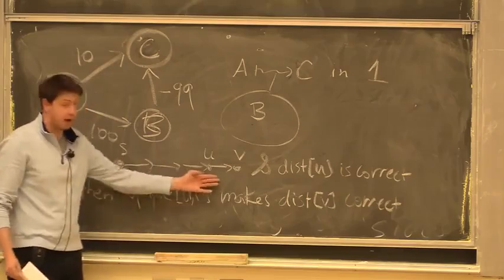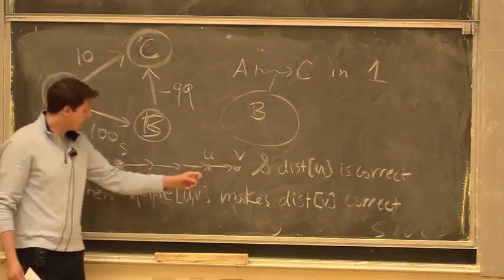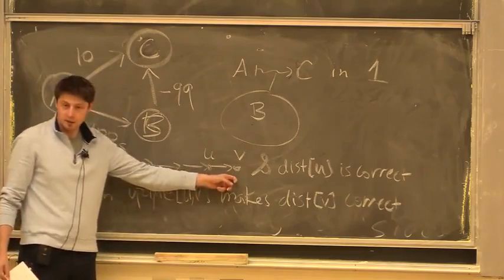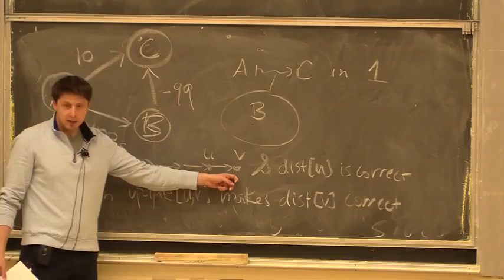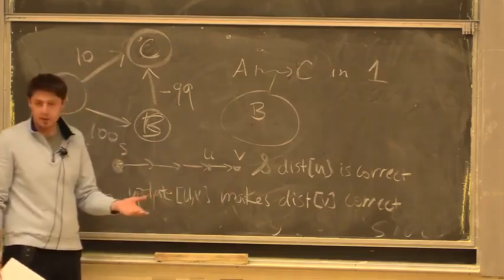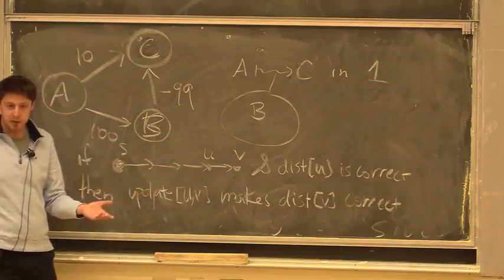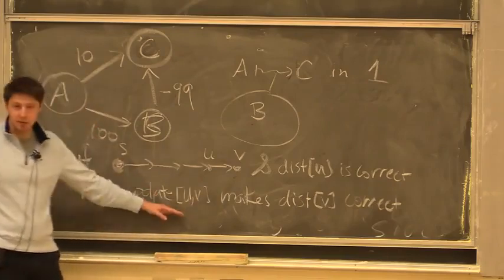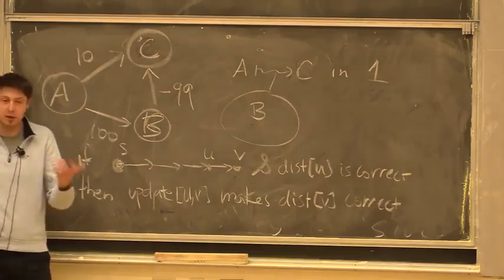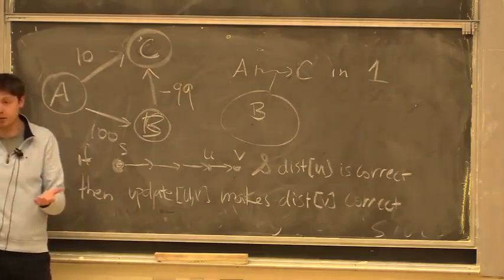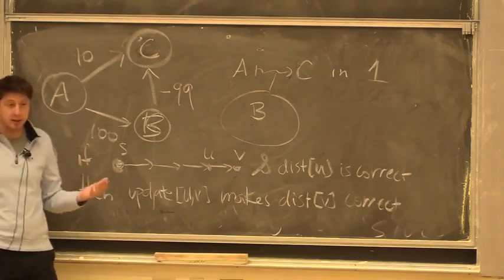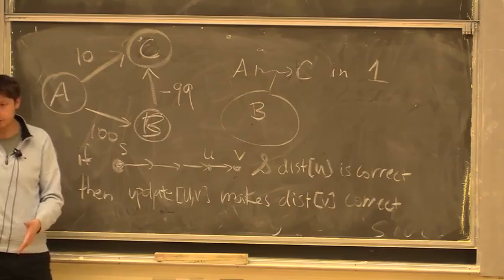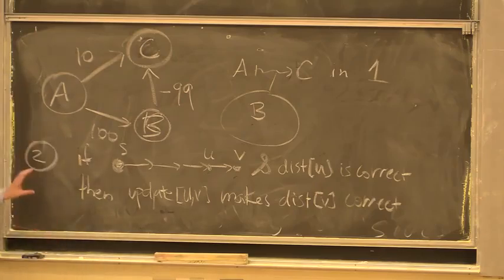Well, if this is the shortest path, that's our assumption, it is this plus that, right? And this quantity can be no greater than whatever we have already estimated for V. Okay? So whenever we run update UV, it will either leave it the same, so it was already correct, certainly leaving it unchanged makes it correct, or it was greater than that, and then it changes it to the correct value. Okay?